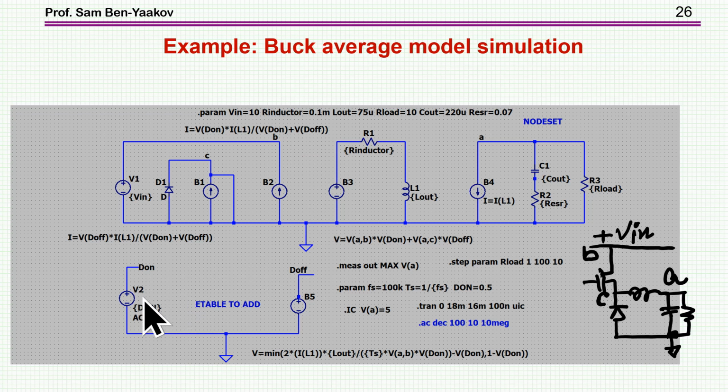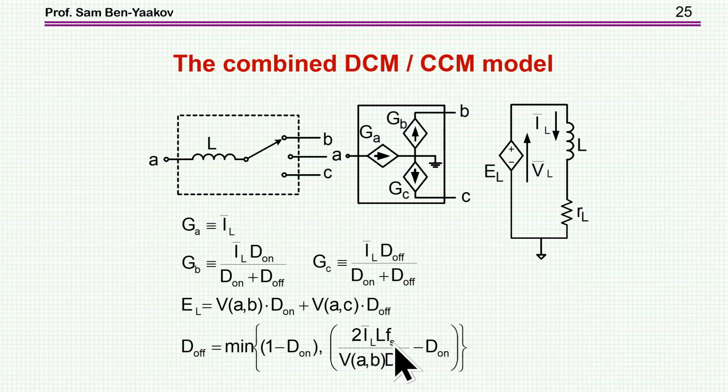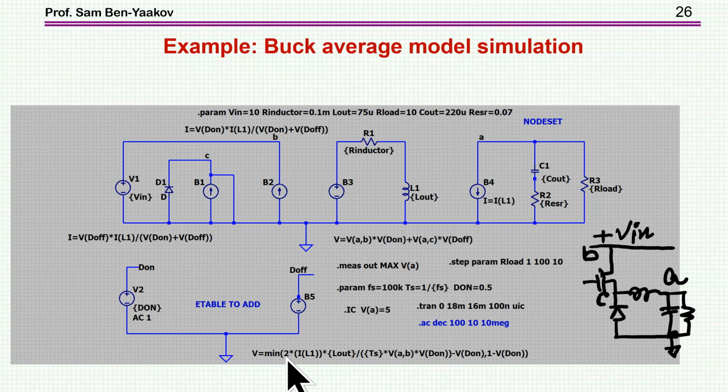First of all, generate a source for D on, and then define D off, or the source of D off, as the minimum of all this expression here that I've shown before. Okay? So this is just translating this into the LTspice syntax. Okay, so it's just a one-to-one translation.